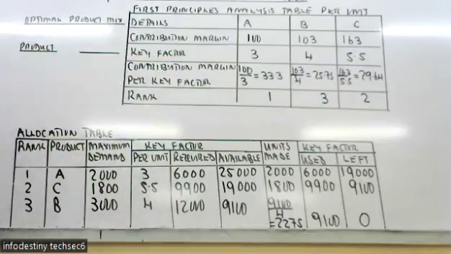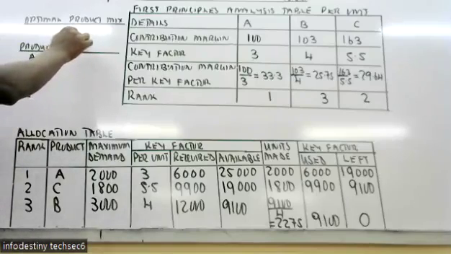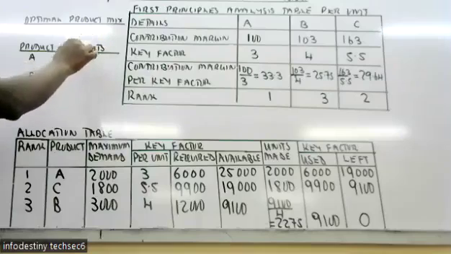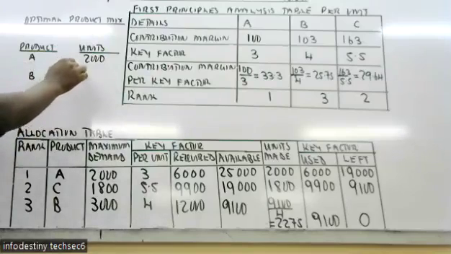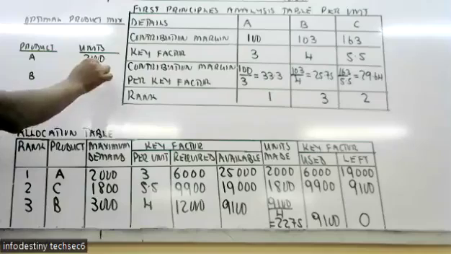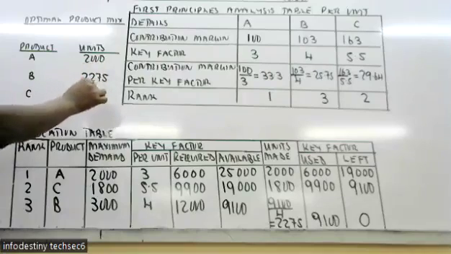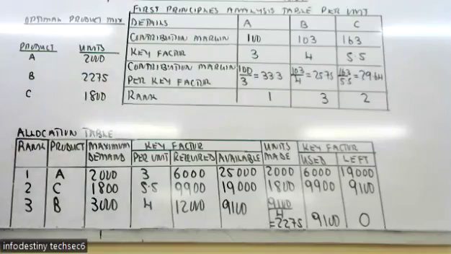Product A, B, and C. These are the units. For A we are making 2,000, B we are making 2275, and C we are making 1,800. Now that is what is called the optimal product mix.